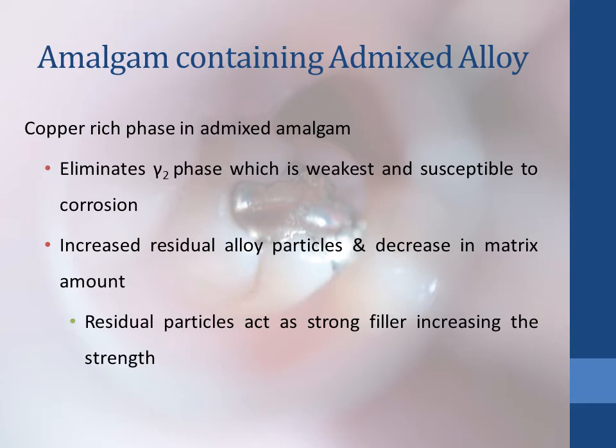In the admixed alloy, a copper rich phase is present because obviously it is a high copper amalgam, and it eliminates the gamma 2 phase because it reacts preferentially with the mercury. Gamma 2 is the weakest and susceptible to corrosion. There is increased residual alloy particle and decrease in matrix amount, and the residual particles act as a strong filler, which contributes to the strength.